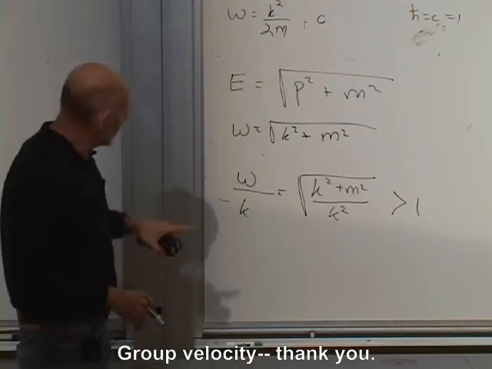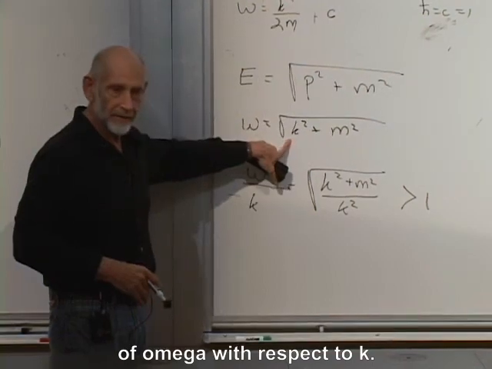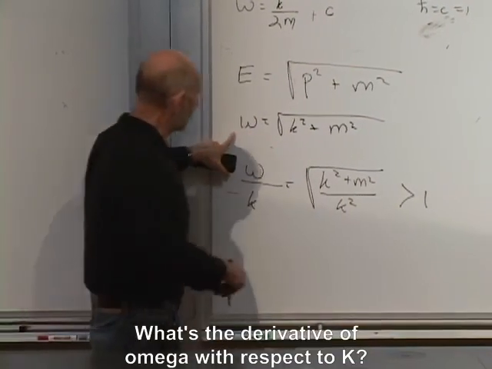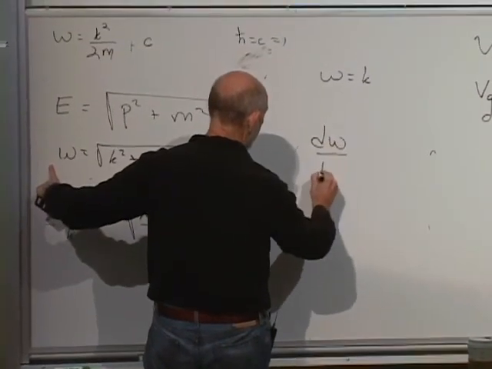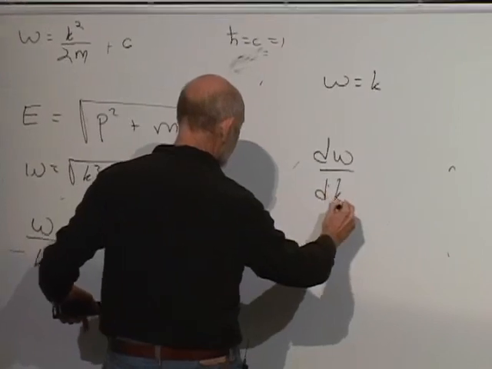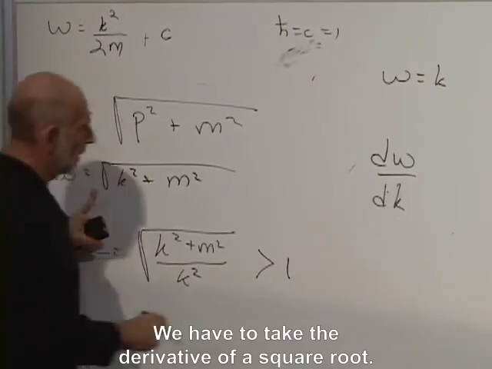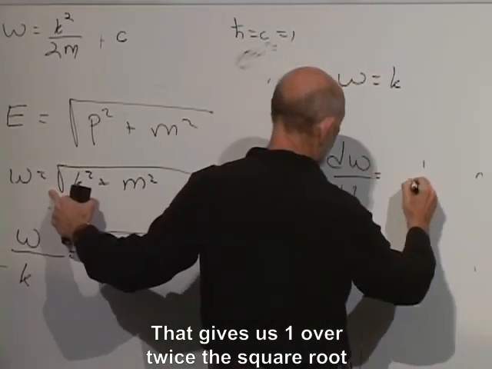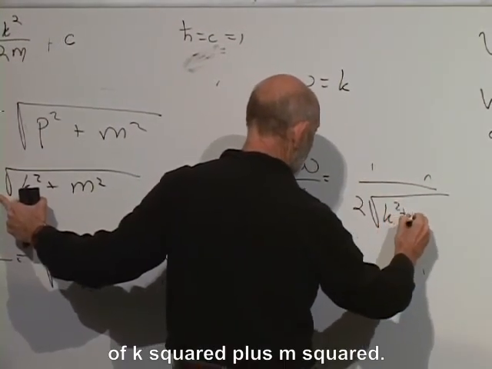Group velocity, thank you. The group velocity is the derivative of omega with respect to k. What's the derivative of d omega dk? We have to take the derivative of a square root. That gives us 1 over twice the square root of k squared plus m squared.